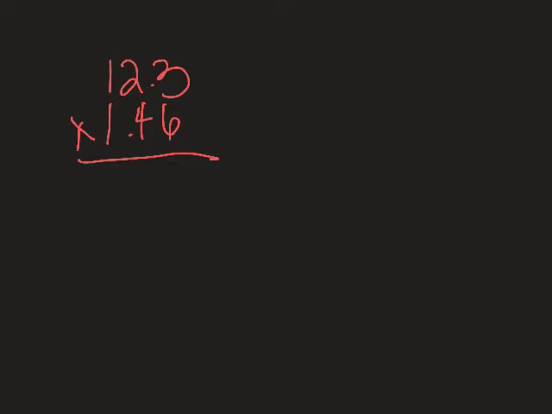normally it would be the ones column. Okay, but in this case, it's going to be the hundredths column. So I would go 6 times 3, which is 18.